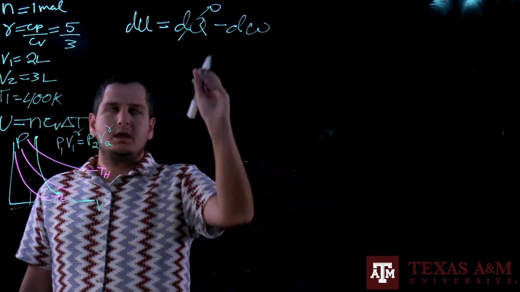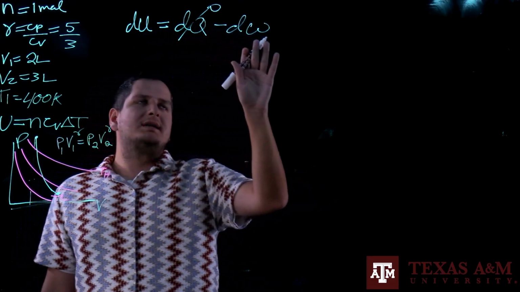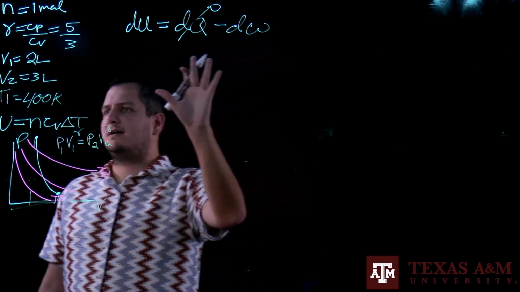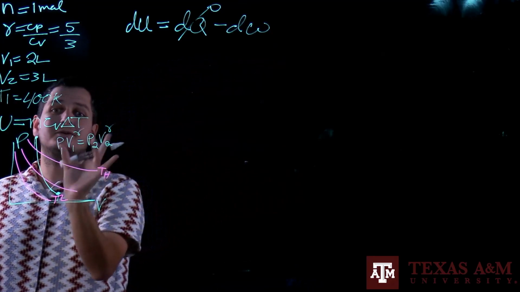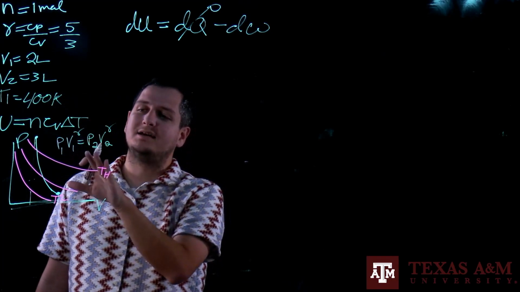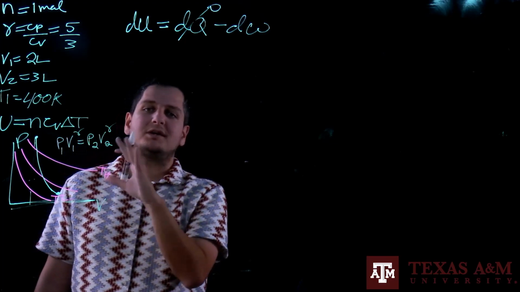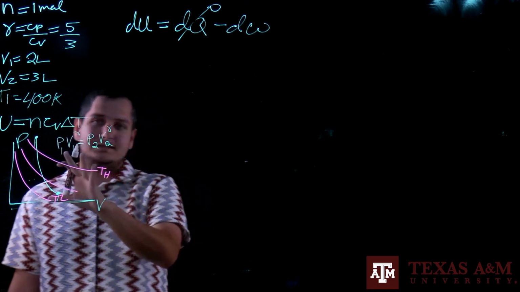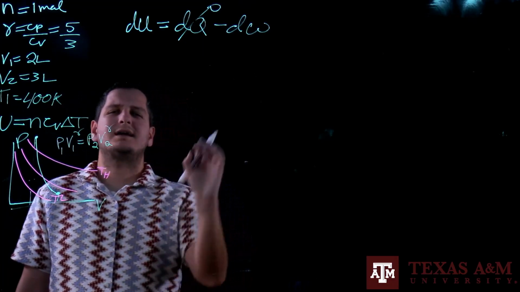I'm trying to get this in terms of ideal gas-like things, so P, V, and T, what I have on this diagram. So how can I do that here?